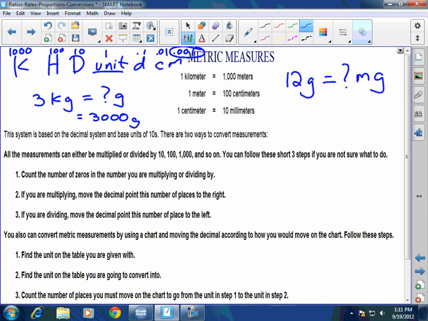So I'm going to multiply by 1,000 in this way. So this is going to be 12,000 milligrams. Now, by the look at your faces, you're giving me the same faces that I used to give my teachers when they were teaching it this way. 12,000. My bad. 3 zeros.